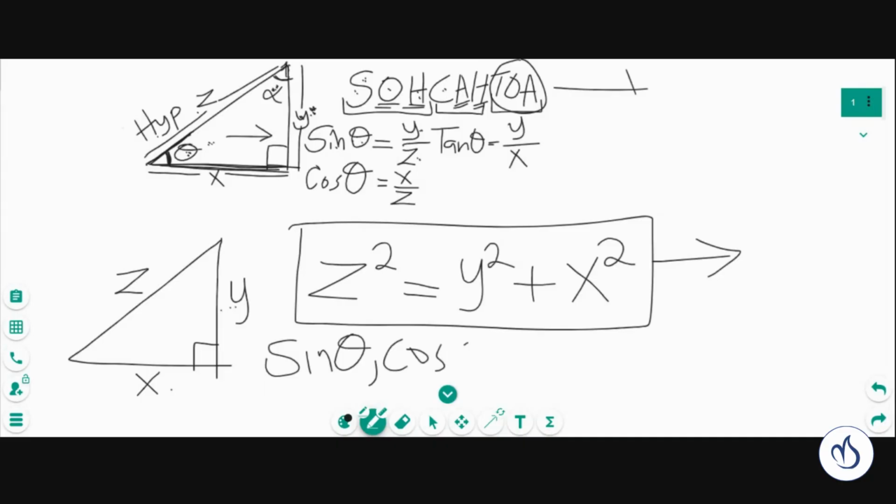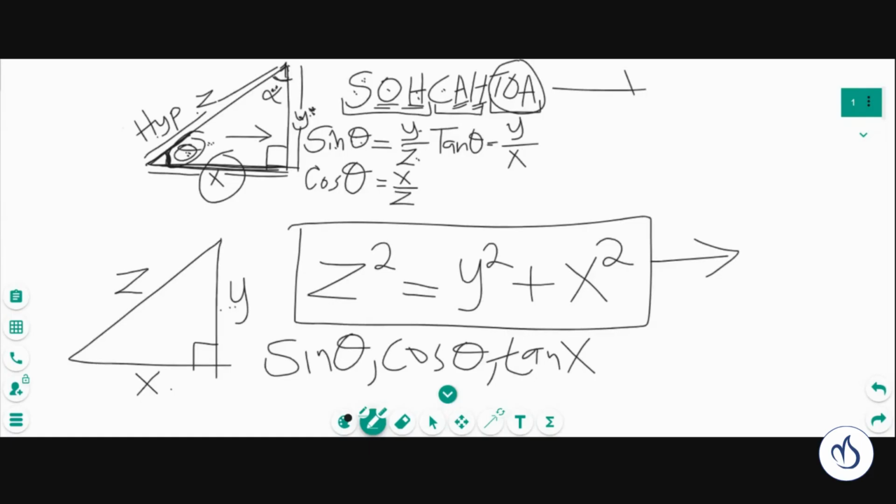SOHCAHTOA gives us a relationship between the sides and the angle, and Pythagoras gives us the relationship between sides. So when we use the two, we can get a relationship between angles alone, and we shall have delved into the topic of trigonometry.